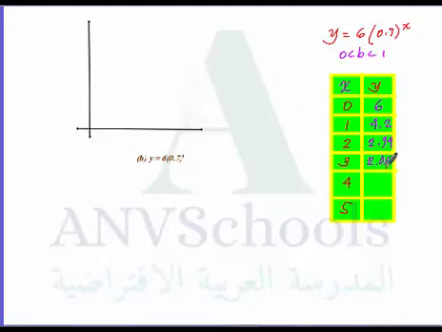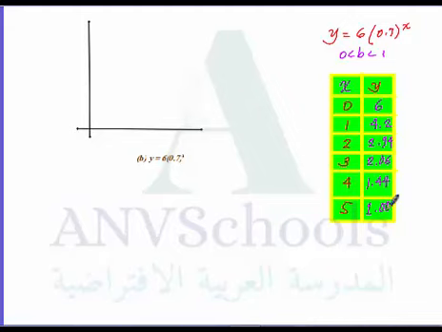If x is equal to 4, so 0.7 raised to 4, that will give us 0.2401 times 6, that will be 1.44. If x is equal to 5, so 0.7 raised to 5 will give us 0.16807 times 6, which is approximately 1.01, or let's say 1.00.